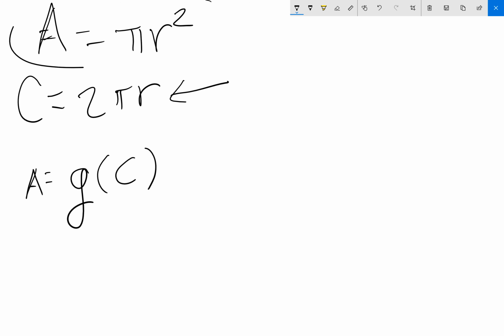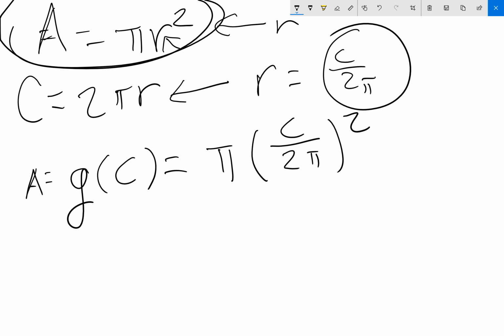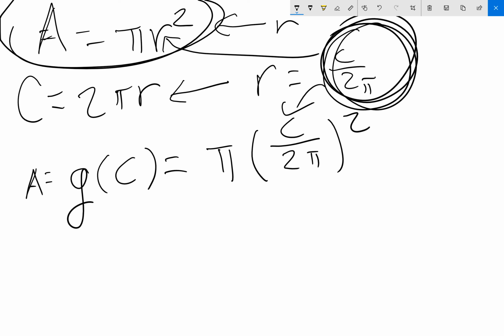Now, we want to use this one, right? Because it gives us A, but it's in terms of R. But we know that R is equal to C over 2 pi. So wherever we see R, we're going to plug in C over 2 pi because it's the same thing.